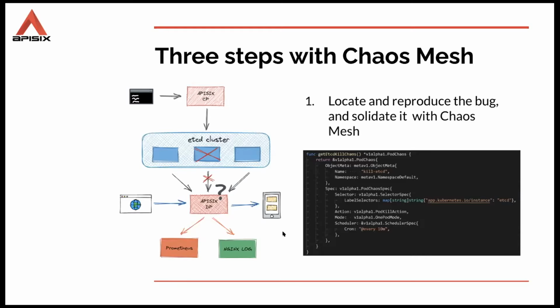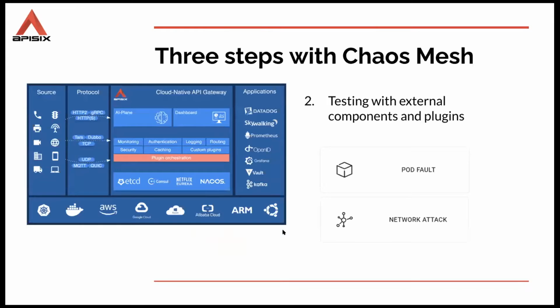And the second step, yeah, is testing all those external components and plugins. Normally we will test if APISIX could work correctly or report correct errors when injecting pod chaos or network chaos.